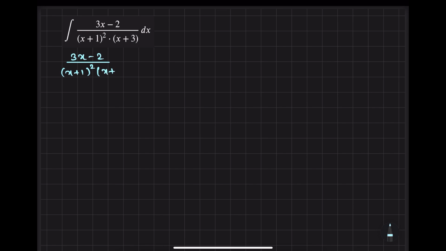Now first start writing. You know that the first factor is x plus 1. So you will write x plus 1 to the power 1, and you will keep on doing this till you reach the power of the given factor.